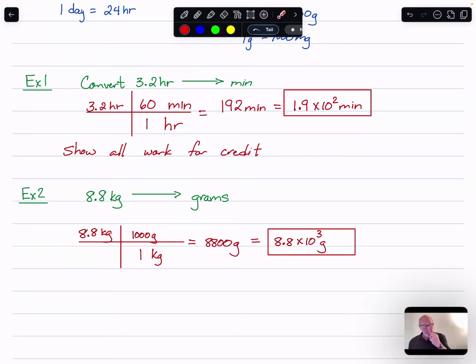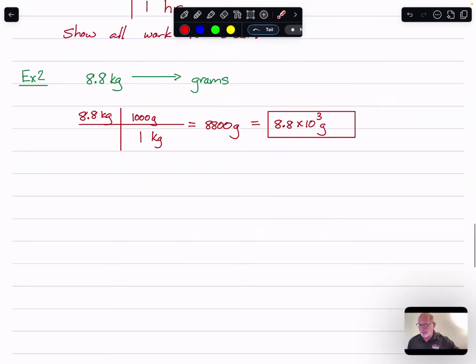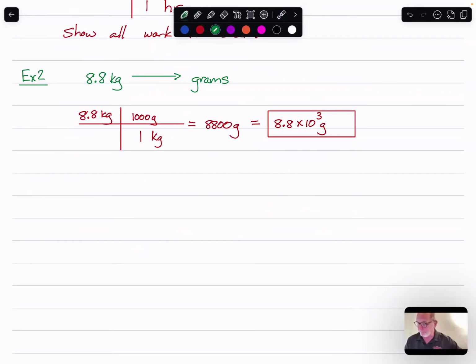Now, let's make it a little bit more challenging. Let's take time. Example 3. Let's change 2.5 days into seconds.